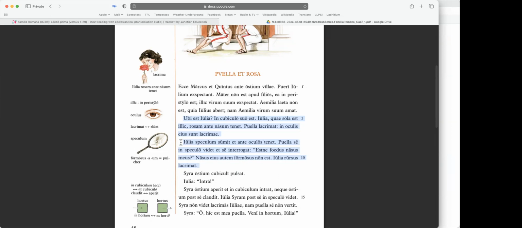Her nose, however, is not beautiful. I don't quite understand that. Julia again cries. So that's how she sees her nose, that it's not beautiful. Yeah, I think that's what they mean by that.